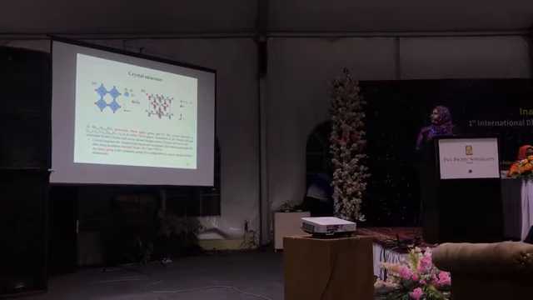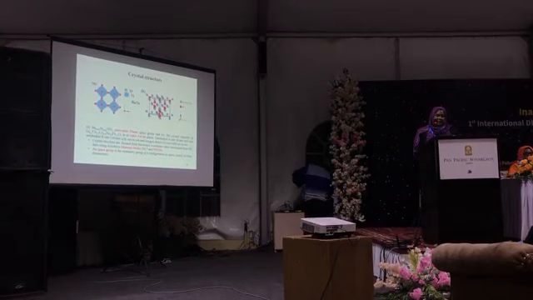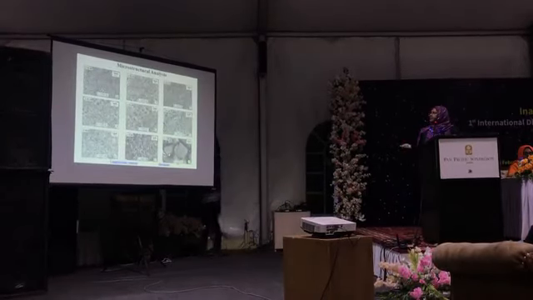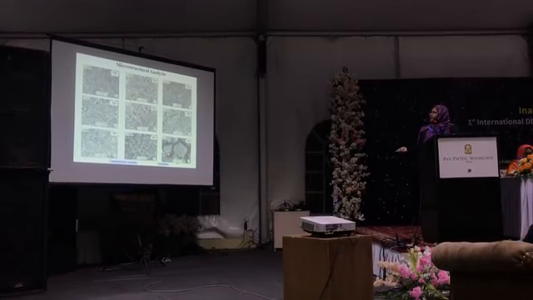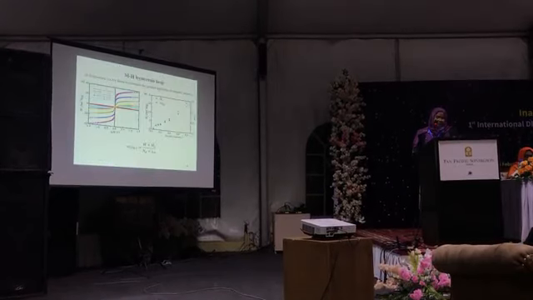This is the crystal structure of my two phases. This is the microstructure analysis, and from the figure we can see that the particle size or the grain size is gradually increasing with the variation of x.